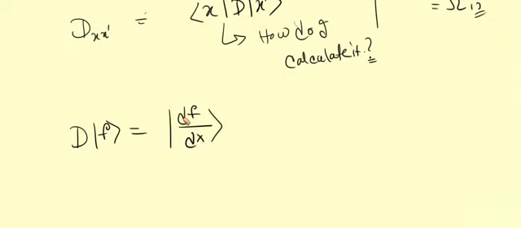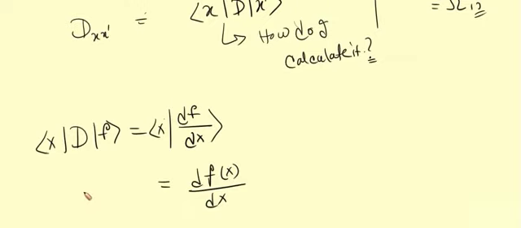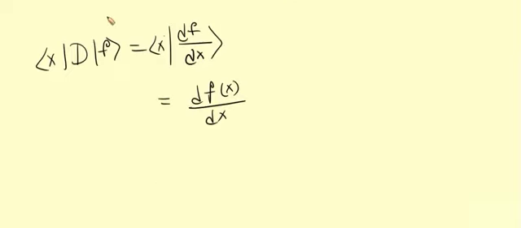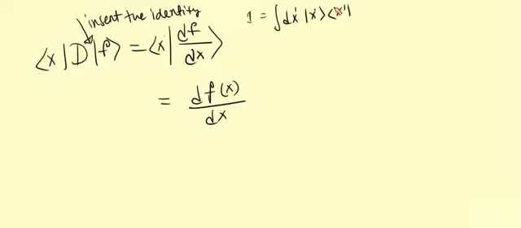After you are done with this, you can take a bra x over here to project it into the coordinate basis, so this will now be the function of x and the derivative. But we can do something more. Here we are going to insert the identity operator, that is the identity that was defined through the completeness relation for the infinite dimensional space. So let's do that and see what happens.